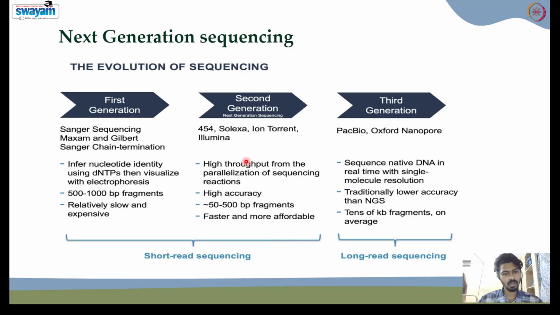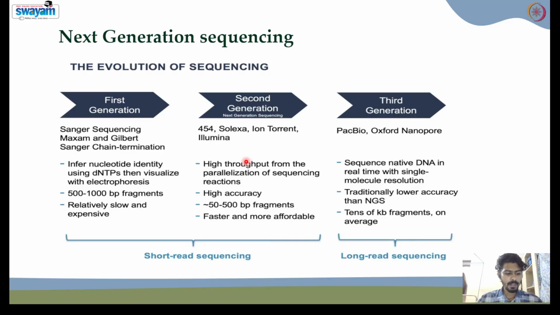You can use technologies like Illumina, Ion Torrent, Solexa or 454. Suppose you have a very long DNA sequence, more than a kb, that is 1000, 2000, 3000, then you can go for third generation, which you can think of like a rocket or aeroplane, where it reads a longer piece of DNA in real time within a few minutes.